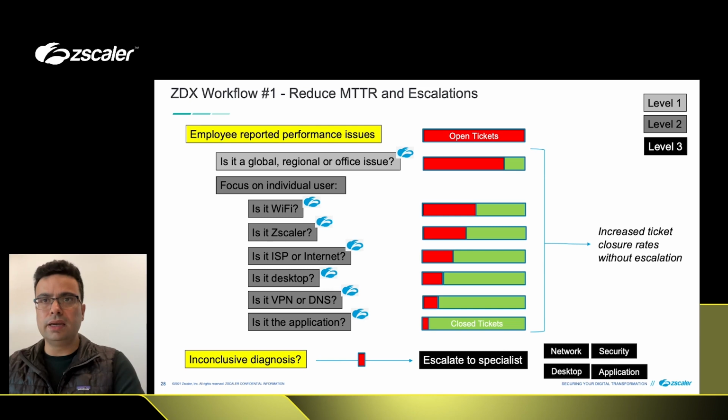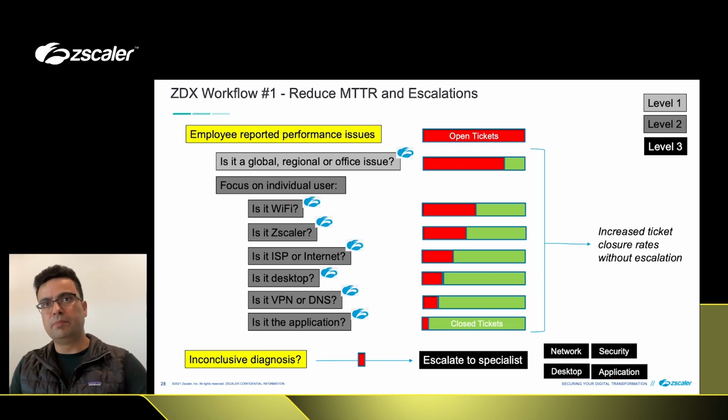If it is an individual-focused issue, there is a lot of telemetry available in ZDX that can tell you if it is a specific user's home Wi-Fi problem, or a problem with their desktop health, for example, if some event is running with high CPU and memory all the time and that is causing your critical applications to hang or freeze.